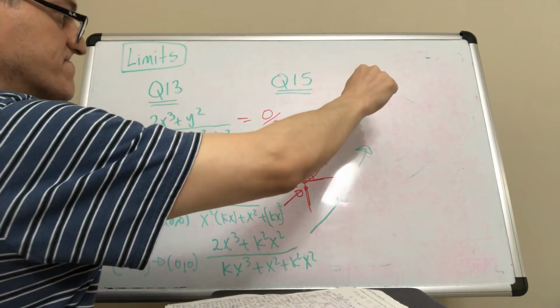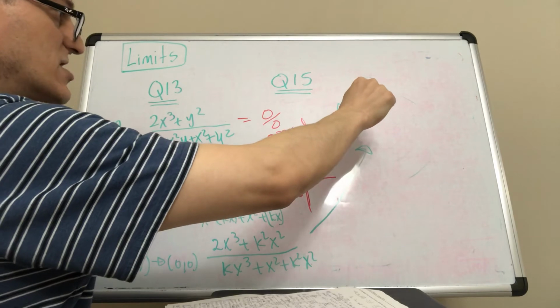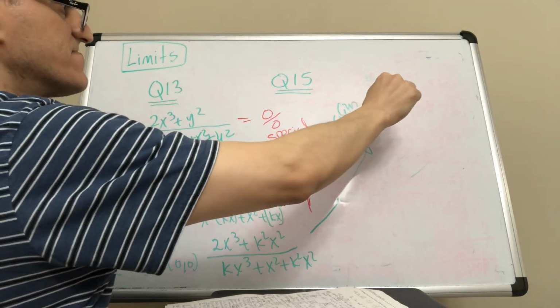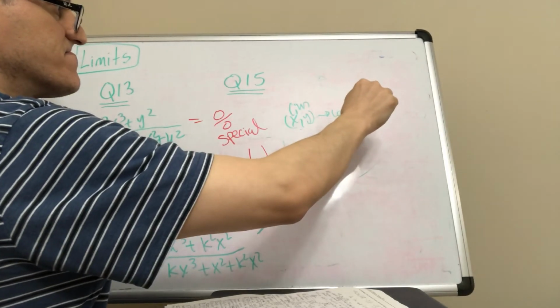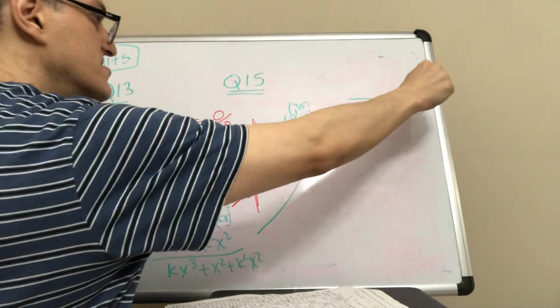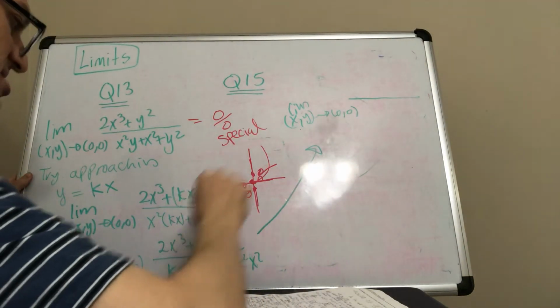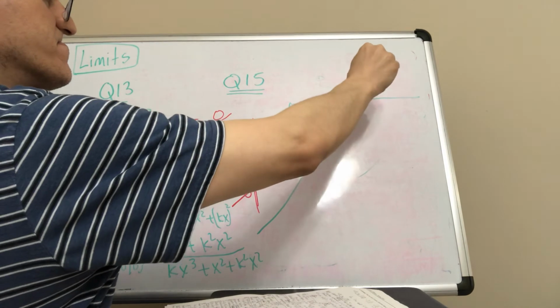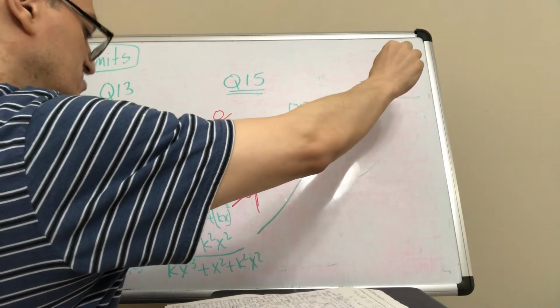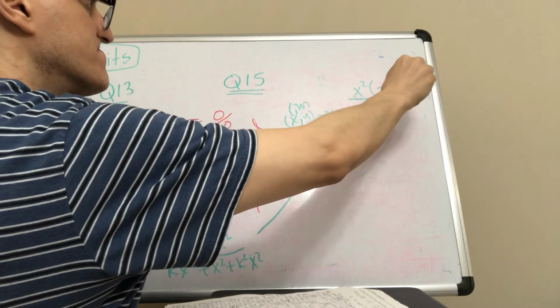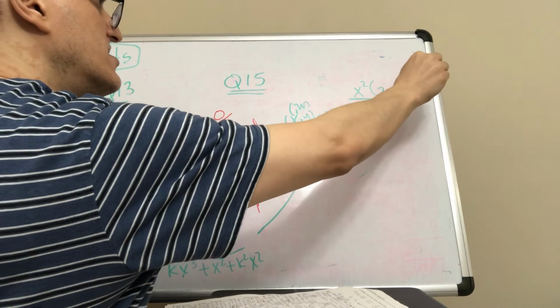Limit xy to 0, 0. I'll take x squared as a common factor. I have 2x and k squared.